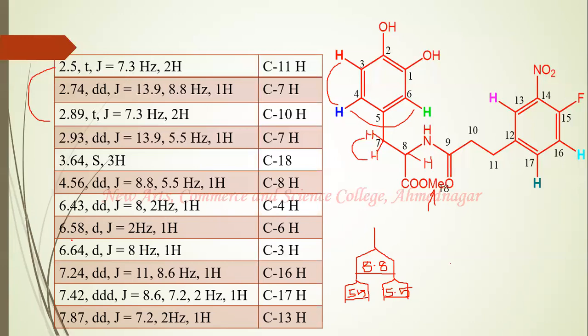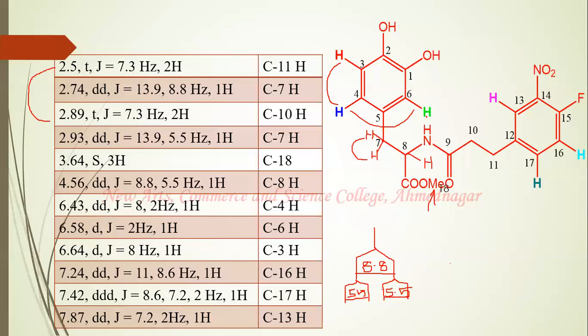Next signal is 6.58 doublet with J is equal to 2 hertz. That will be because of the C6 proton. C6 has only C4 meta partner, no other ortho partner or second meta partner is there.